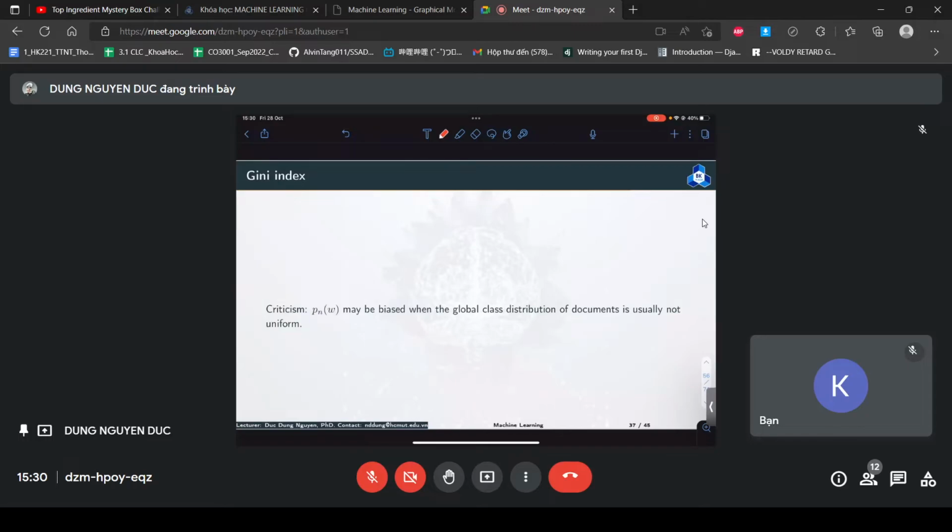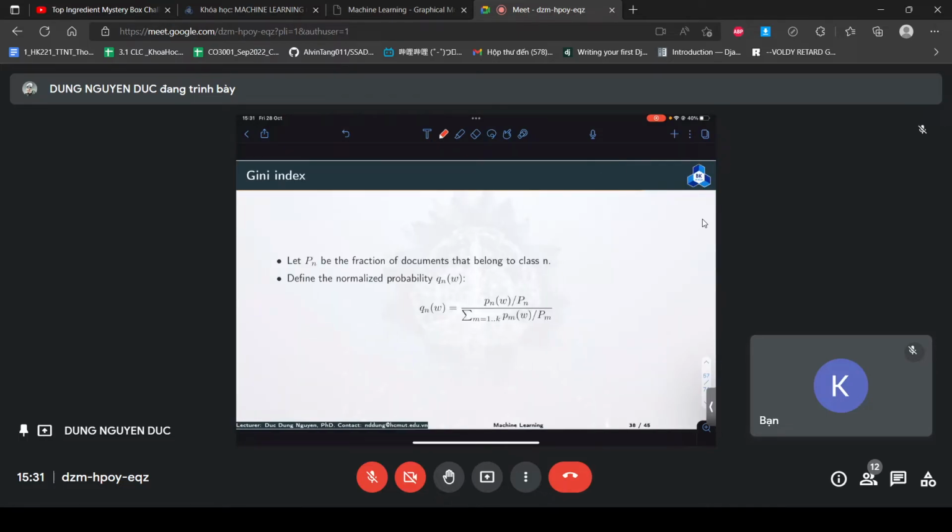Of course, it's biased because if the class distribution of the documents is not uniform, like you collect the data on VnExpress and like 80% of your articles are coming from the social topics, then most of the words you are analyzing will focus on that class, the social class, and that's no good, right?